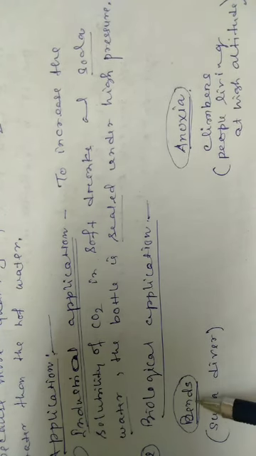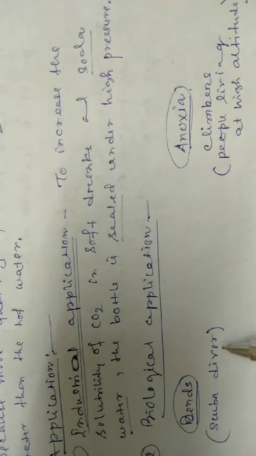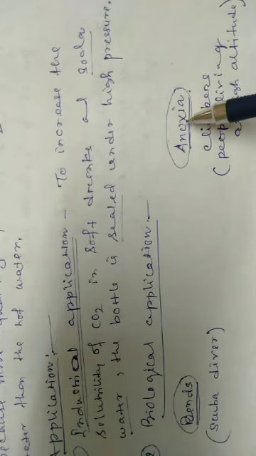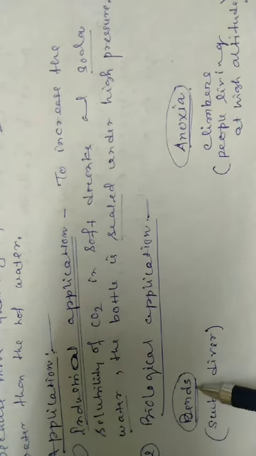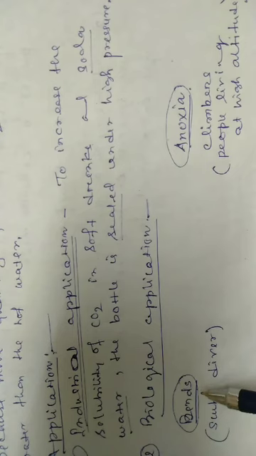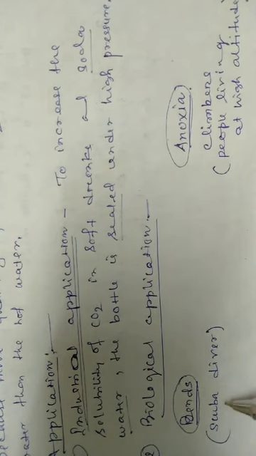So bends is related to scuba divers, and anoxia is related to climbers, or people living at high altitude. So bends is a symptom of disease. It appears in scuba divers.